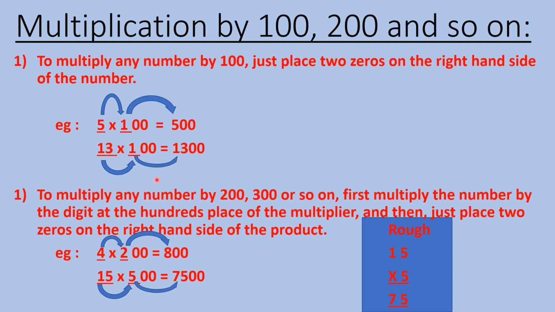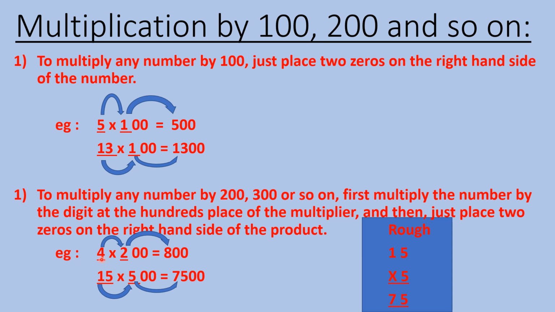Now children, to multiply any number by 200, 300 or so on, again we will do the same thing. First multiply the number by the digit at the hundreds place of the multiplier and then we will put just 2 zeros on the right hand side of the product. Let's take an example. Suppose we are multiplying 4 and 200.